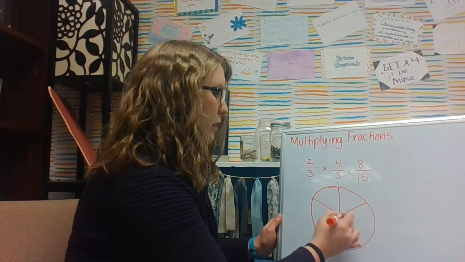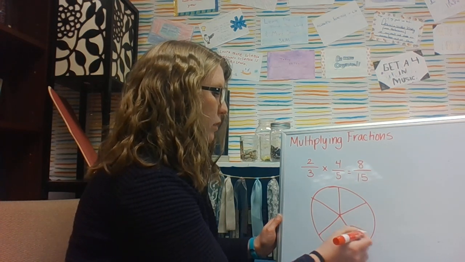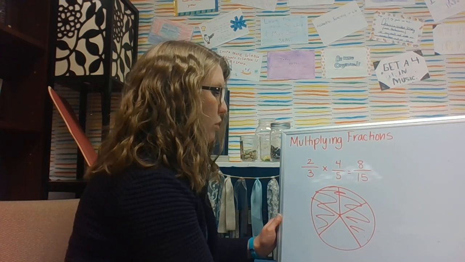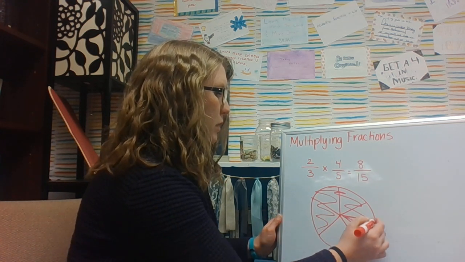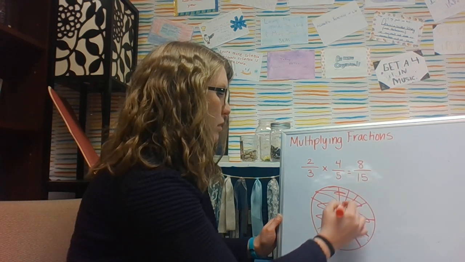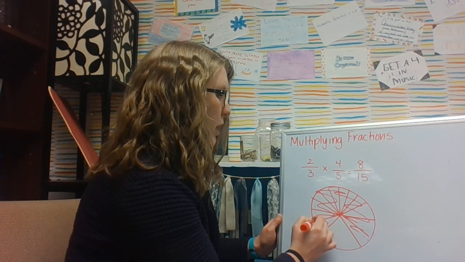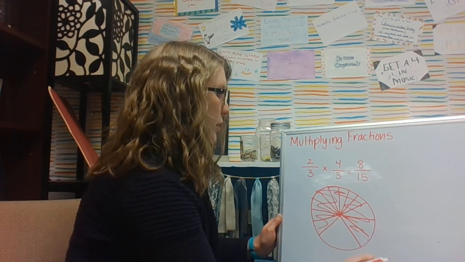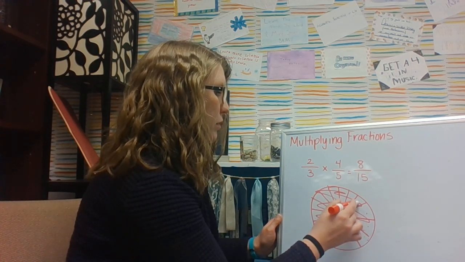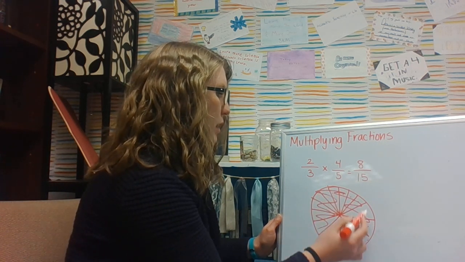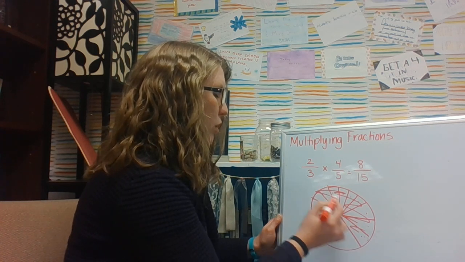So if I had my 4/5 and I were taking 2/3 of them, then I would be splitting each of these into thirds to be able to figure out that it's 8 of those, because that's 2/3 of it.